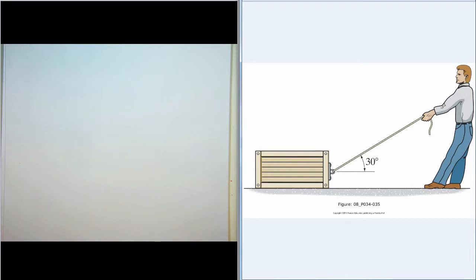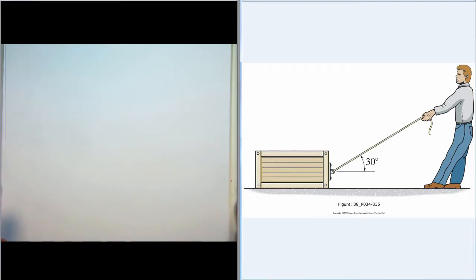And so whenever you're looking to see if motion is going to occur, then that's a type 1 problem. They're titled no impending motion, but it's basically a case where you're not looking for the limiting values, like what's the smallest angle before it starts to slip, or what's the smallest force before it starts to slide. Those are the impending motion problems. This one is where we're just finding out if it's going to move or not.